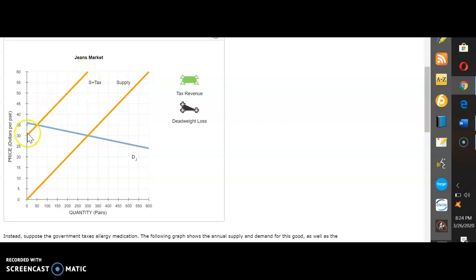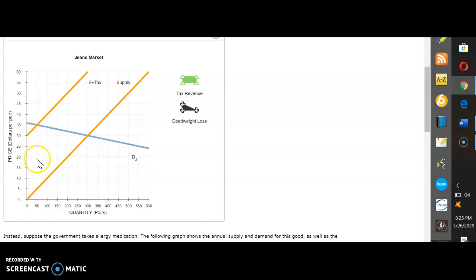And of course, the equilibrium now is here. Price of 35, output of 50. So if there's going to be 50 units produced now at a price of 35, and remember the vertical distance between the two supply curves is the amount of the tax.